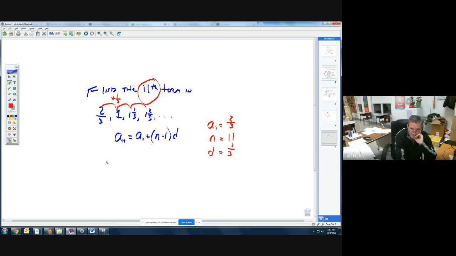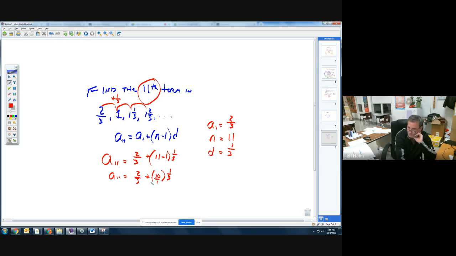Here we go, firing everything up here. Let's get this done. a sub 11 equals the first term, which is 2/3, plus the number of the term I want, which is 11, subtract 1 from that, times the common difference, again, 1/3. So the 11th term is 2/3 plus 10 times 1/3.